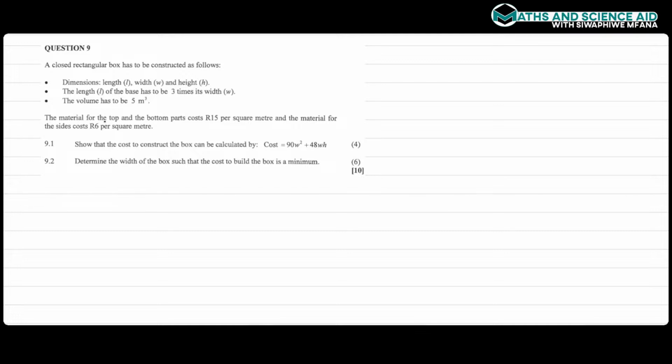And then they say the material for the top and the bottom parts costs 15 rands per square meter, and the material for the sides costs 6 rands per square meter. And we need to show that the cost to construct the box can be calculated by this equation. I was too fast as I was reading through this.